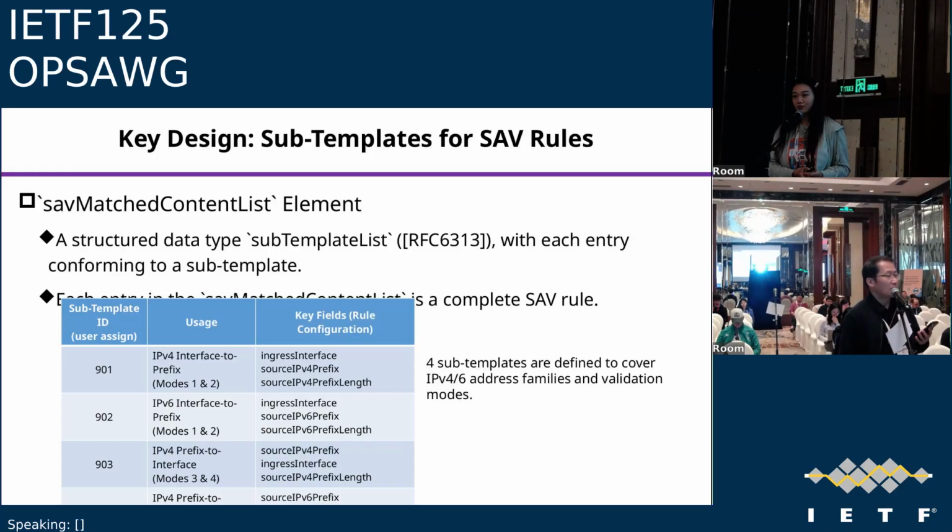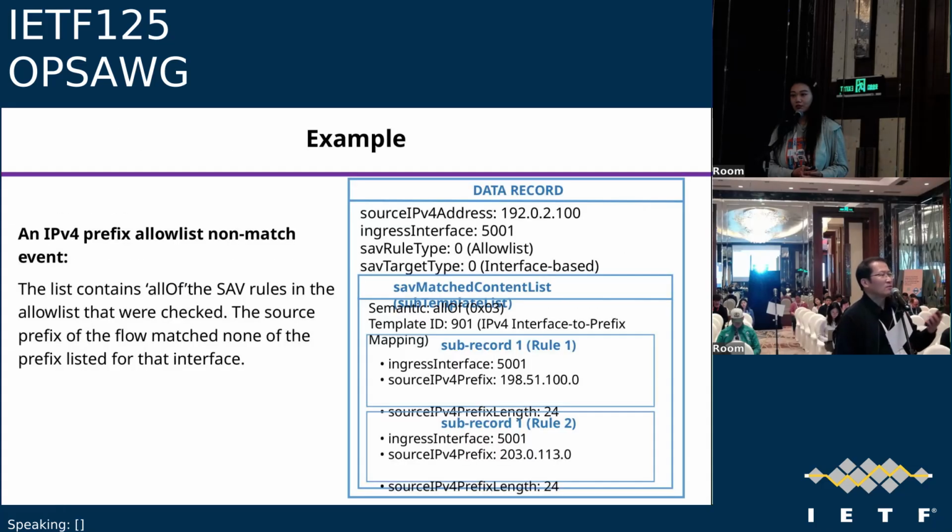Maybe there is some case, if the SAV mechanism is misconfigured at the network level, maybe some of the events can be missed. So the device will not report the information to the collector, right? So how to deal with this case?